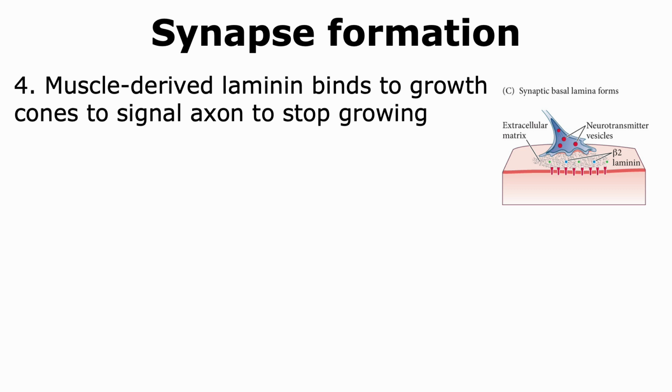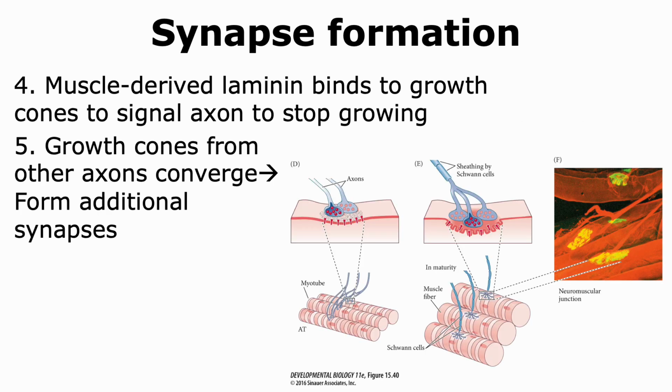In the next step, the muscle-derived laminin, which is in the extracellular matrix that has been laid down in the synaptic cleft, binds to the growth cones to signal the axon to stop growing. Now, the growth cones from other axons are now able to converge to form additional synapses.